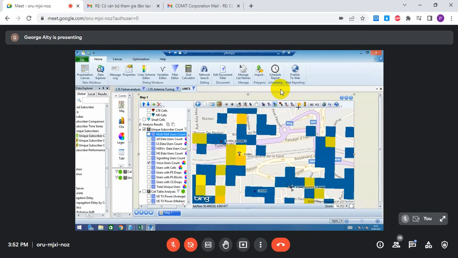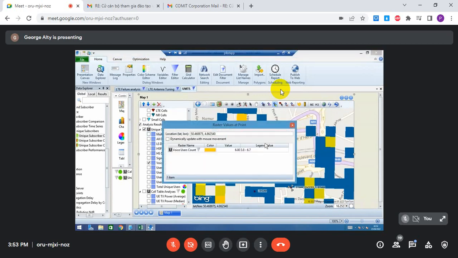But there's a voice layer, so you can see the number of people using the voice service in this region. When we move on to the tabular analysis and drill down into that, we can use filter by service to home in on the failures or the subscribers that we're trying to target with our optimization.